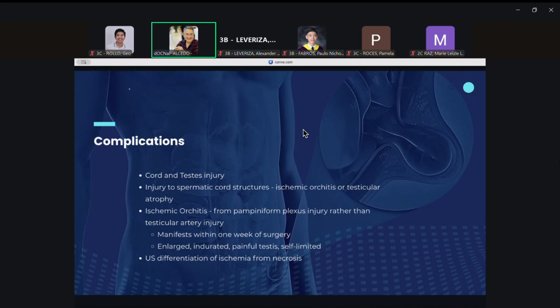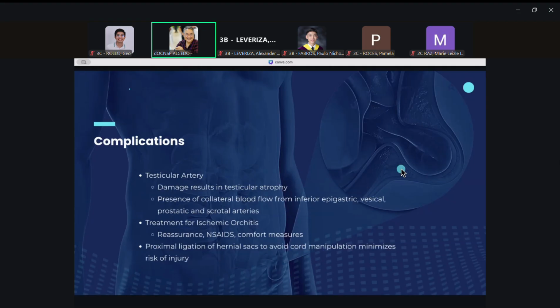So imaging studies is very important, and we utilize this. Very popular is the use of the ultrasound, because it can help us differentiate simple ischemia from frank necrosis. Now, when you injure the testicular artery, it can result in testicular atrophy. But remember that the testicle is not just supplied by the testicular artery.